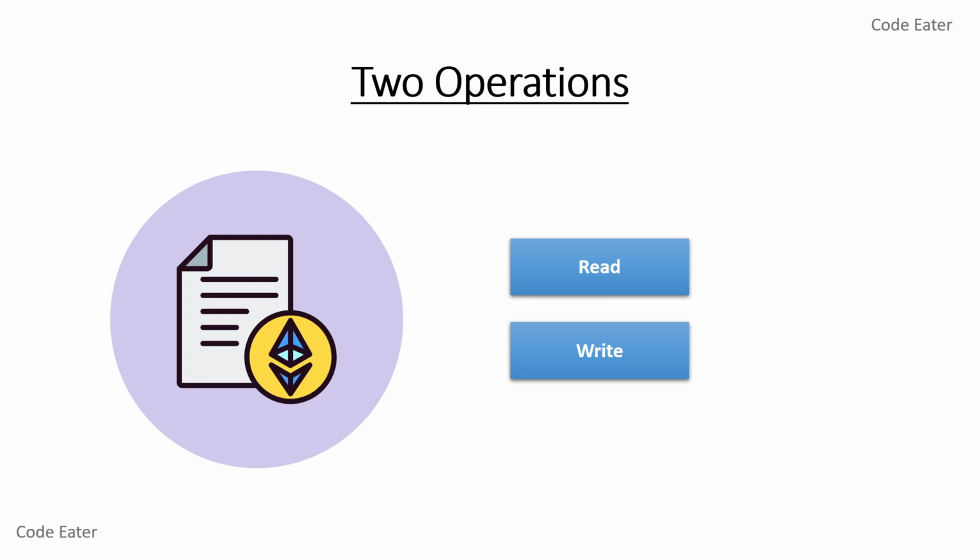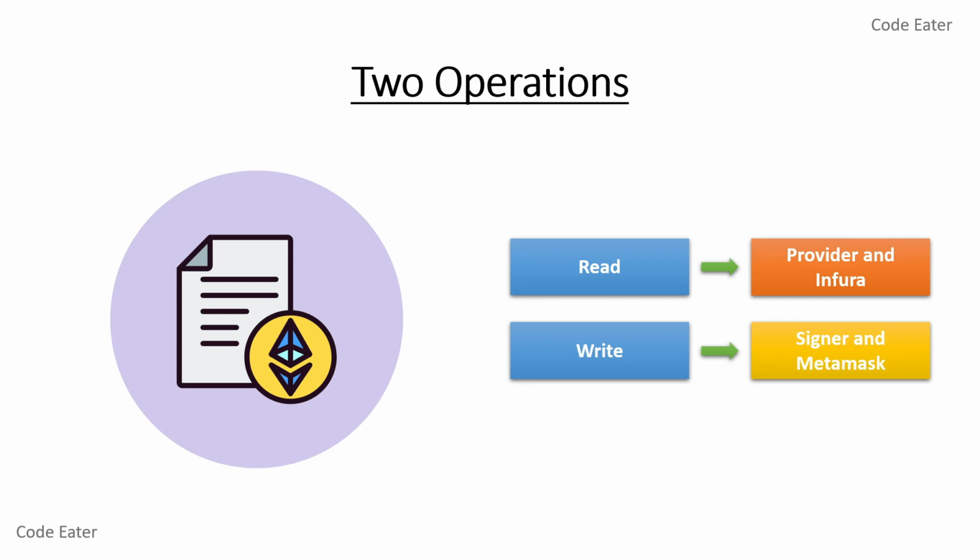Now when it comes to the read of the smart contract, when we are performing a read operation on the smart contract, we require two things. The first one is provider, as we have seen, right? When we were reading the blockchain, as I said, reading the smart contract and reading the blockchain are the same thing. So when we were reading the smart contract, we require provider and Infura. And when it comes to the write operation, we require two things, that is the signer and MetaMask. And we have seen that, right?